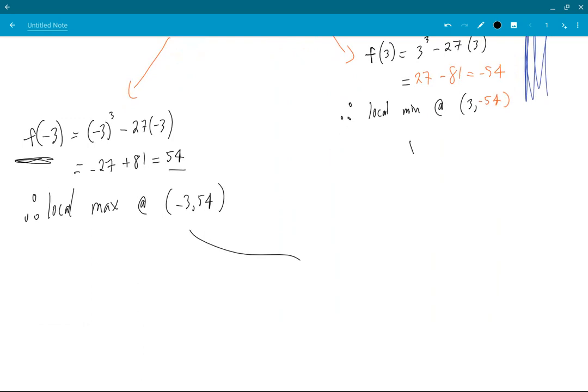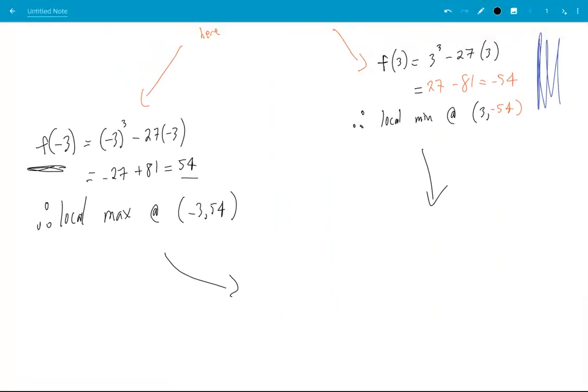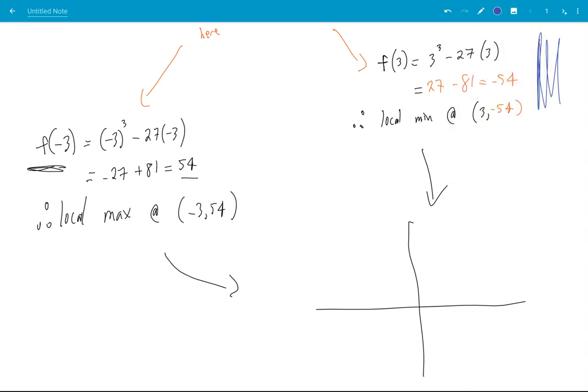Okay, so these two things together allow me to make a little sketch. Let's see. A very basic sketch. Do it in blue. And my function is f of x is equal to x cubed minus 27x.